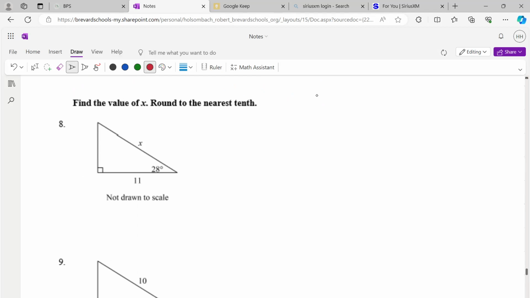All right, find the value of x. In relation to our 28-degree angle, we have an adjacent side, and we have a hypotenuse. Adjacent and hypotenuse is cosine. Cosine 28 equals adjacent over hypotenuse. I'm going to multiply both sides by x.